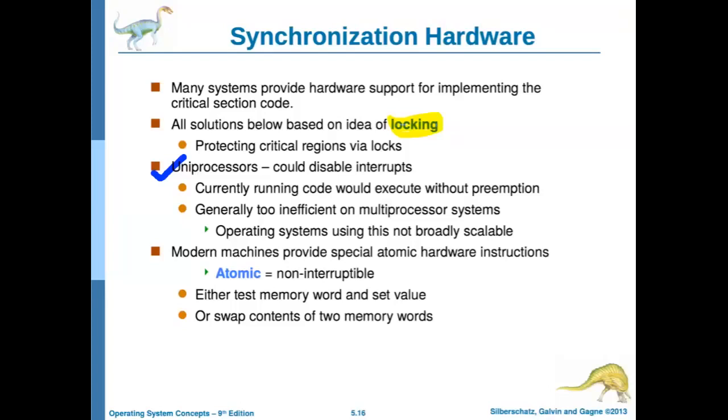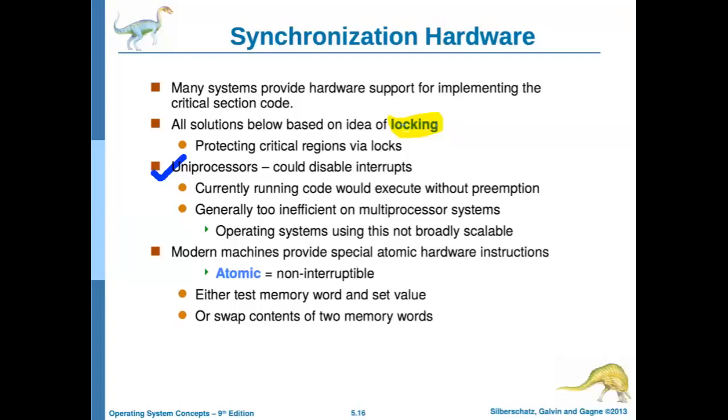Now, this solution works around that only. Whenever you want to go into the critical section, you simply disable the interrupts, so preemption won't happen. One process goes into the critical section by disabling interrupts.